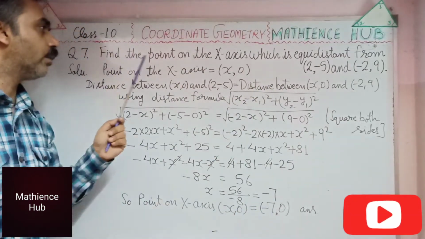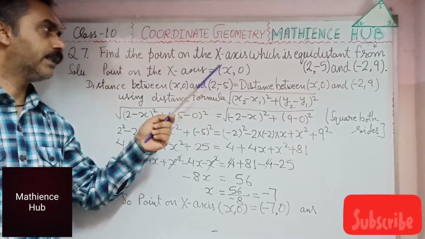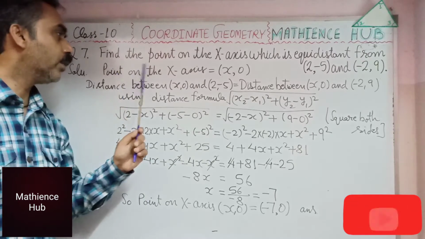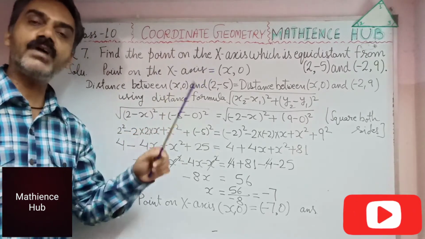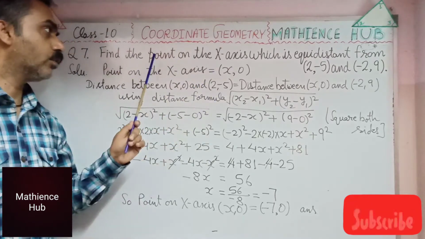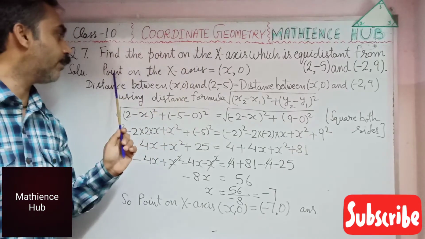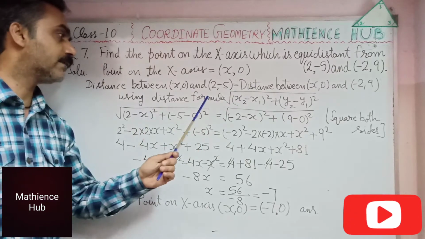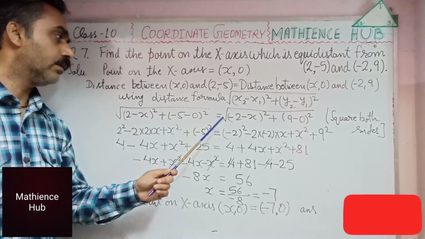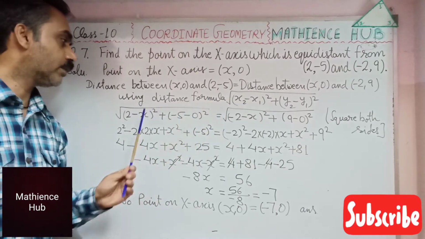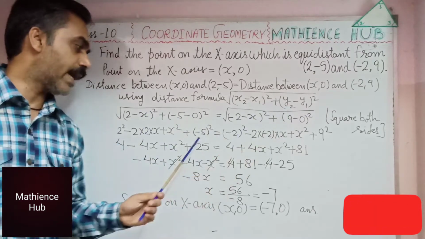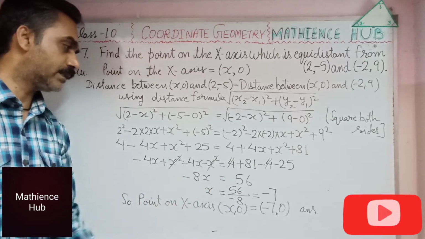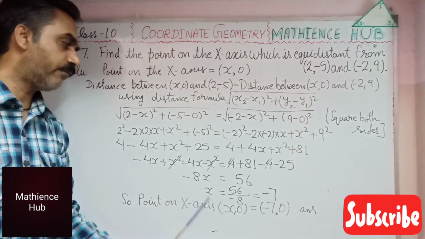If the point were on the y-axis, then the x coordinate is 0 and the point on the y-axis is (0, y). This question is about the x-axis, so take the point on the x-axis as (x, 0), use the distance formula on both sides, to eliminate the square root we square both the sides, then transpose variables to this side, non-variables to this side, and find the value of x.